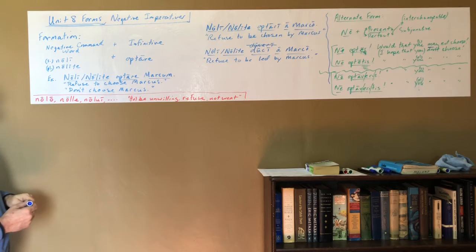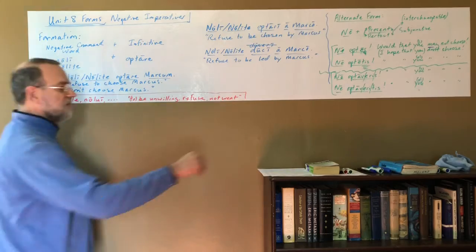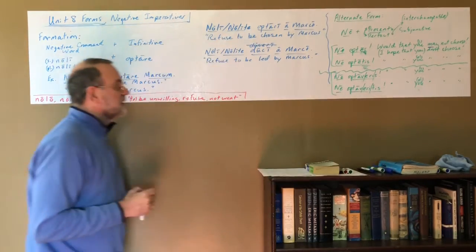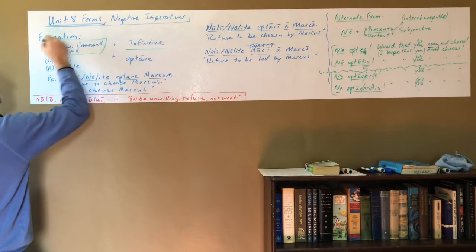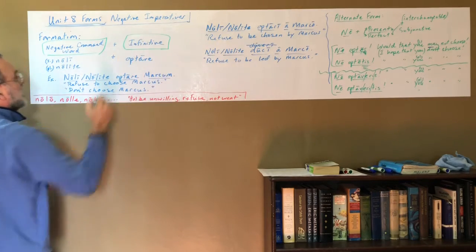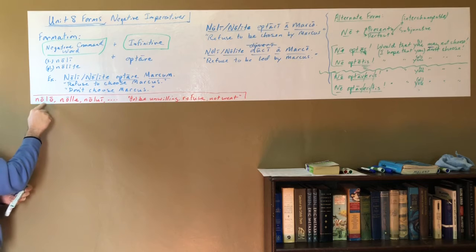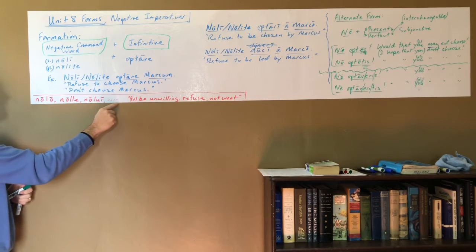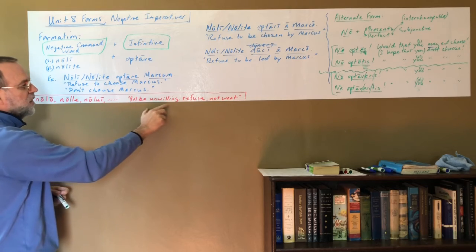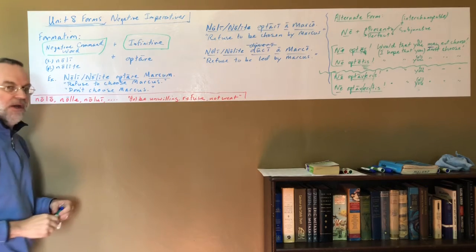The way Latin does it is that it combines a word of command with an infinitive. The word of command is derived from the Latin verb nolo, nolle, noluI, which means to be unwilling, to refuse, to not want.